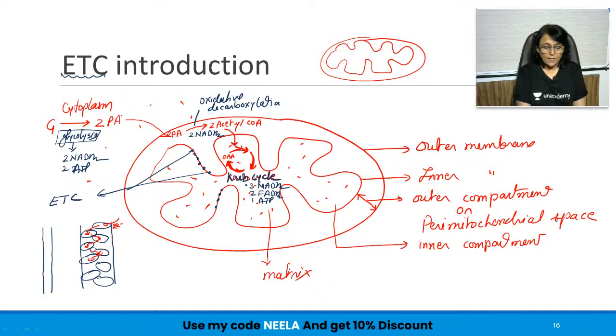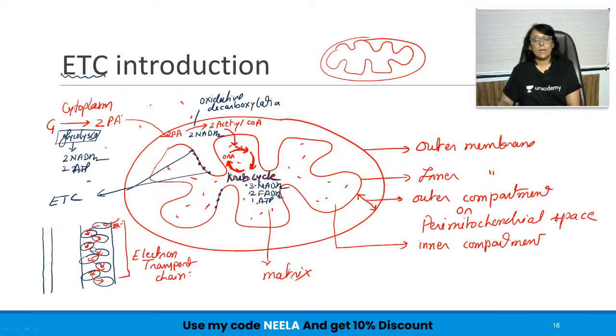So it is helping in transport of electrons, and that is why all these proteins present in the inner mitochondrial membrane form the electron transport chain.